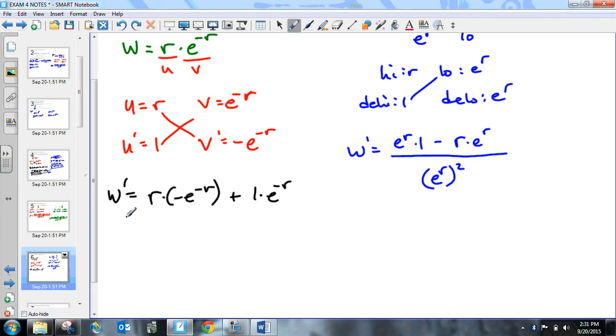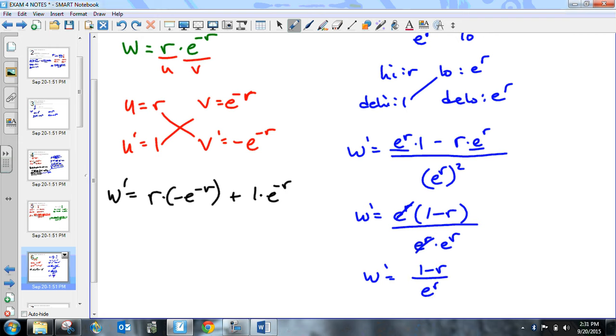I'll do the top part first. W prime is equal to, I have a common e to the r in my numerator, so I can factor out an e to the r and I'm left with 1 minus r, all over e to the r times e to the r. An e to the r divides out, and so my derivative is just going to be 1 minus r over e to the r.